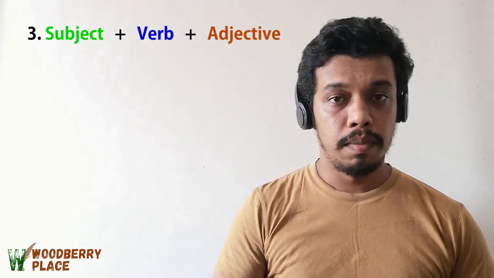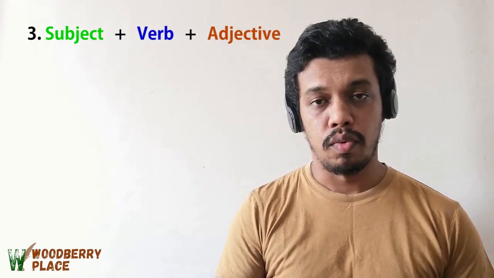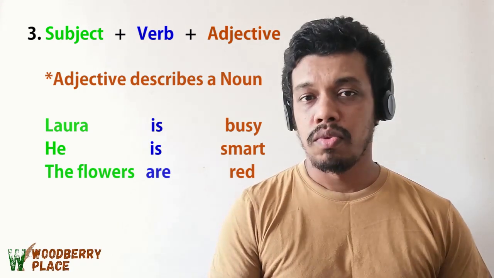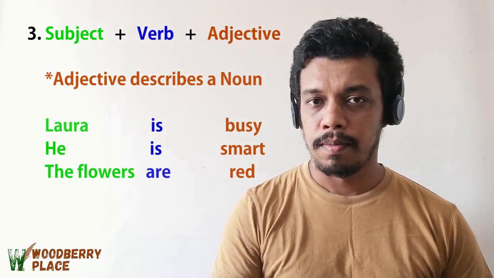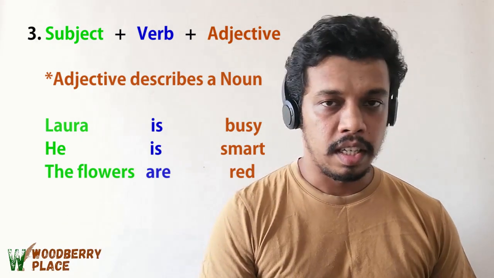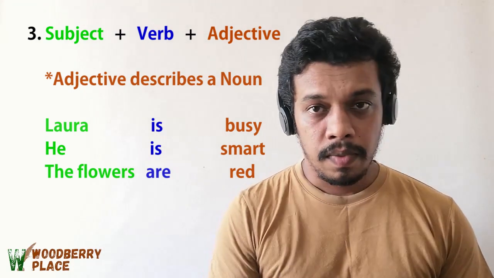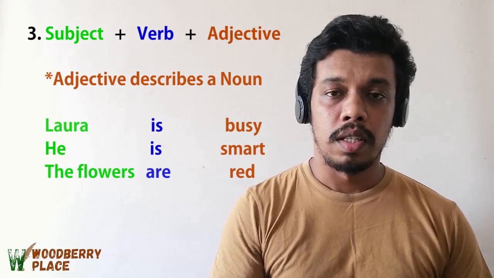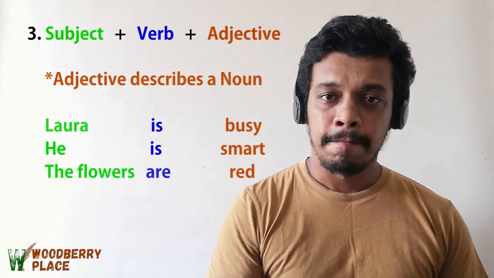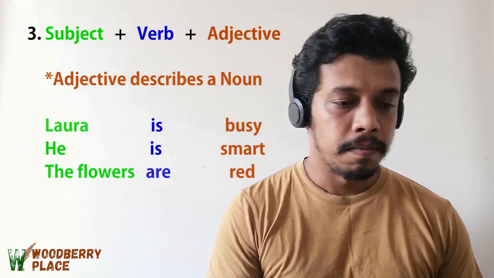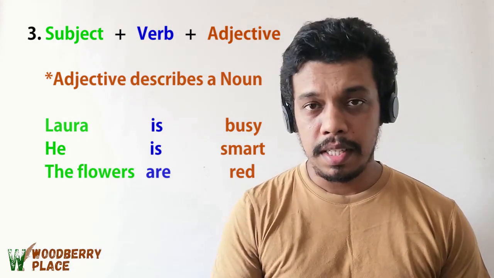Let's talk about the third pattern. The third pattern consists of subject, verb and adjective. Adjective describes a noun. We will talk about the adjectives in the near future in another lesson. Let's focus on this third pattern, and as an example, Laura is busy.